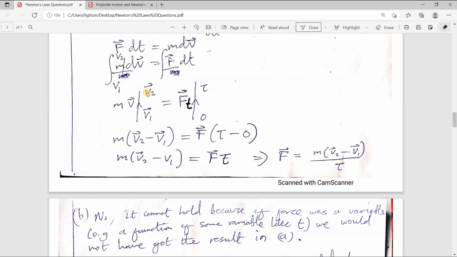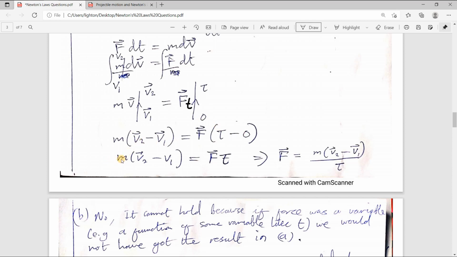Now, using these limits, starting with the left side, we substitute for v the upper limit minus the lower limit. That's v2 minus v1, which is equal to F. Just like for time, we substitute the upper minus the lower, which is tau minus 0.